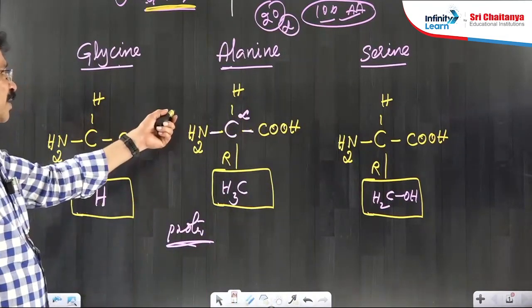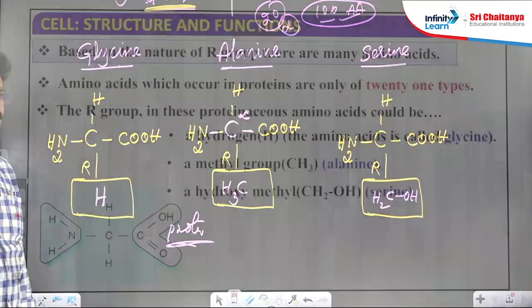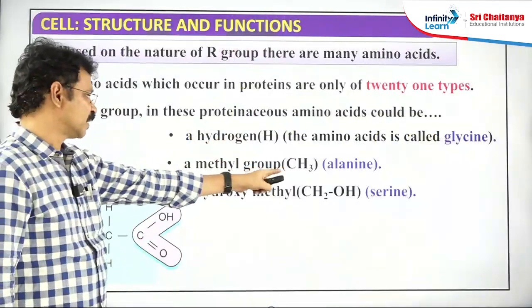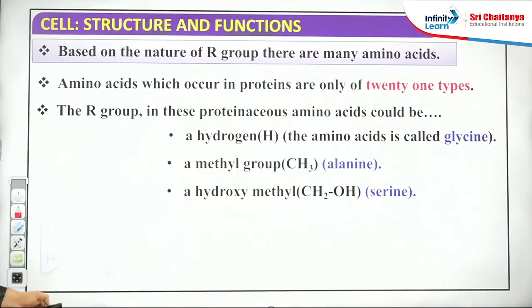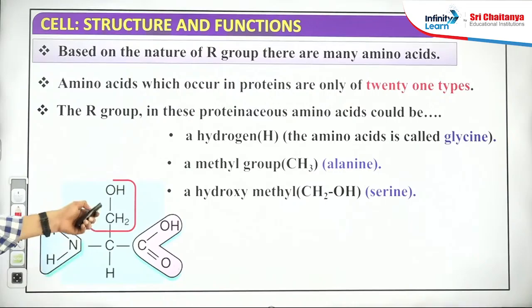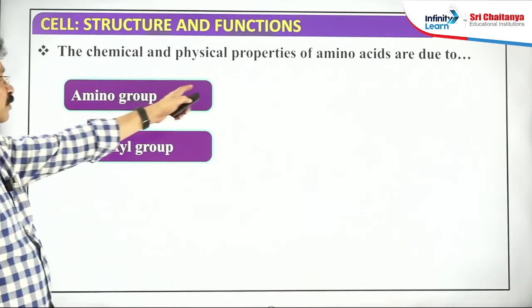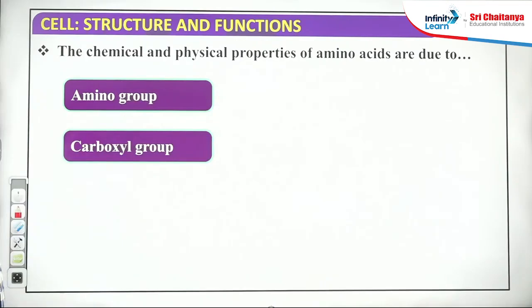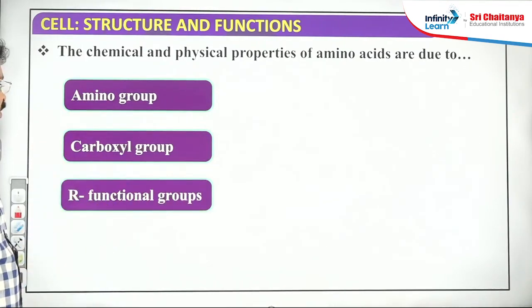What is the alkyl group in the serine amino acid? Hydroxy methyl group. In glycine, hydrogen; in alanine, methyl; in serine, hydroxy methyl. The chemical and physical properties of amino acids are based on the amino group, carboxylic group, or functional groups.